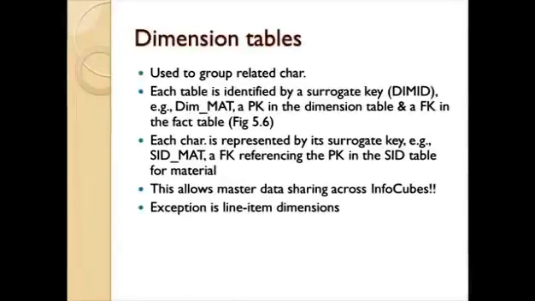Okay, so if you look at the middle of the diagram, the fact table and the material dimension table, the two are connected by the DIM_MAT. Okay, so that's the dimension ID that connects the two tables. Whereas each characteristic is represented by its SID as well, such as SID_MAT, which is a foreign key referencing the primary key in the SID table for material.